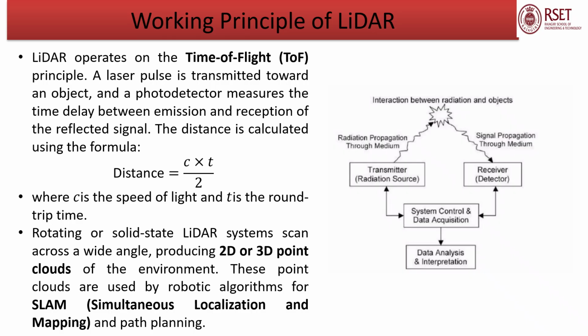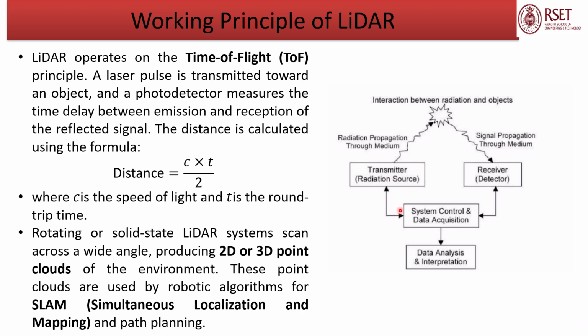Here the figure shows the process of a LiDAR, where you can see there is an interaction between the radiation and objects, and when the radiation interacts, two signals are generated, the radiation propagation through the medium and the signal propagation through the medium.